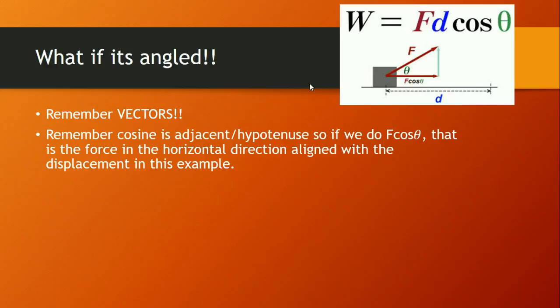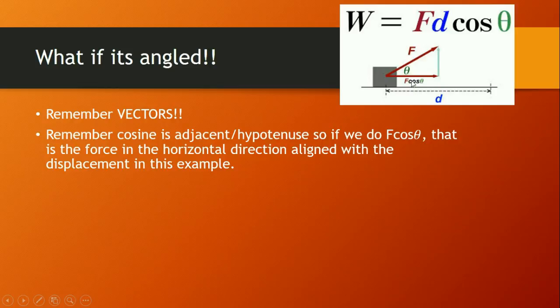So if cosine is adjacent over hypotenuse, so if we use F cosine theta, we will solve for this component. And if you haven't reviewed that in trig class, just look at my video on two-dimensional kinematics, and I'll quickly review how exactly to get this.